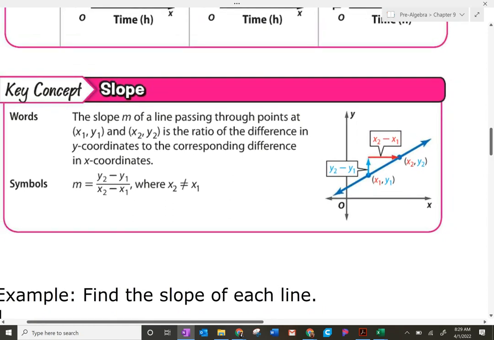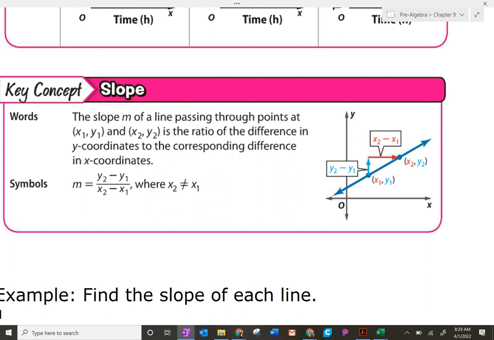The formula, I'm going to make sure everyone writes this one down because you will see it for a long time. The slope of a line that passes through two different points: we'll have x1 and y1, that's our first point, and then we'll have our second point, which we call x2 and y2.